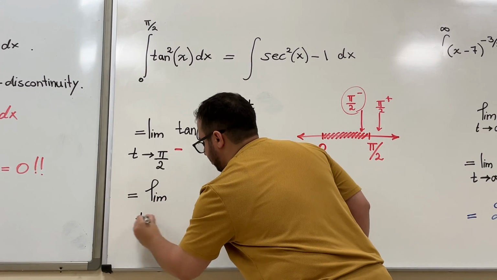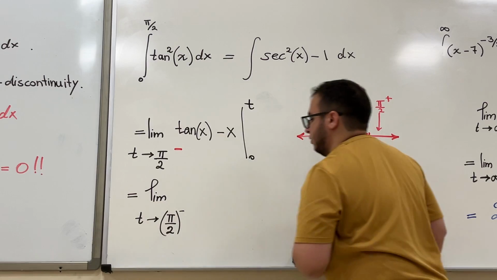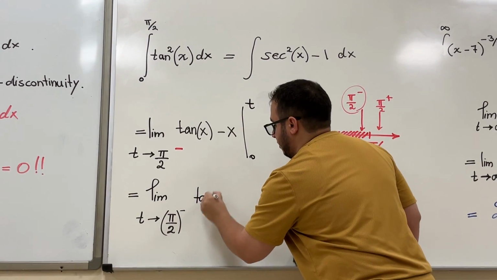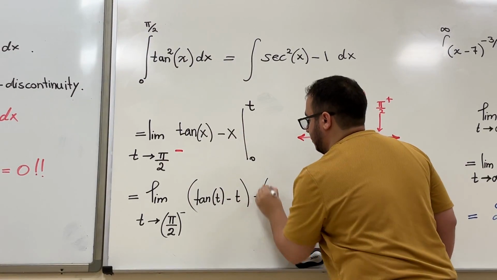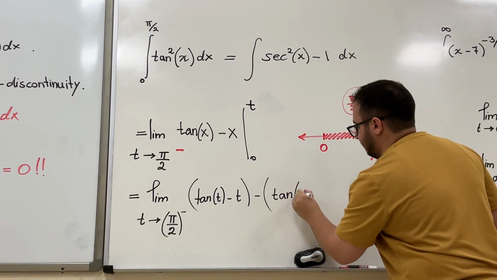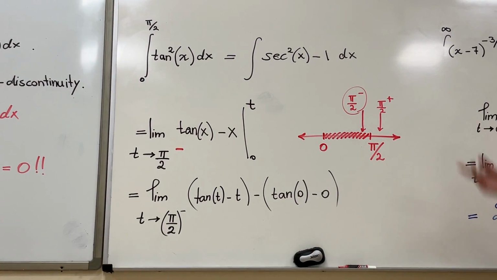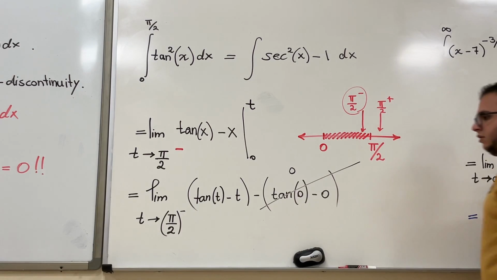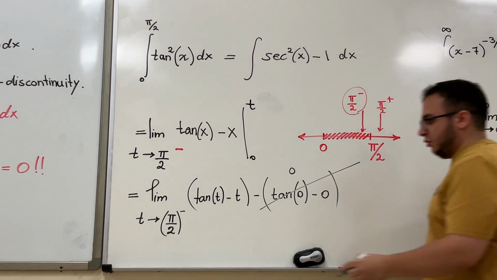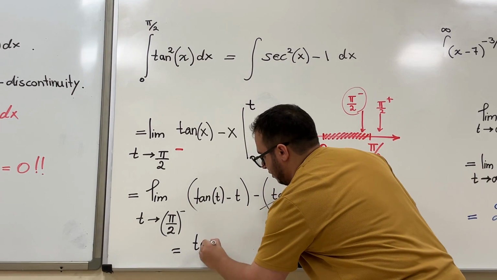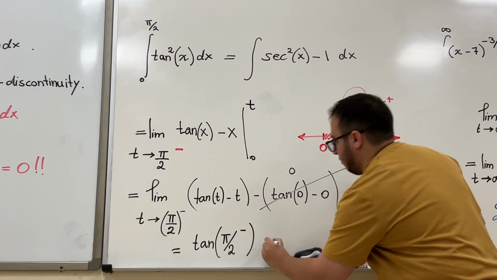So the limit as t goes to pi over 2 from the left of tan t minus t: plug the top minus plug the bottom, tan 0 minus 0. Tan 0 is 0, so this side is all 0. Now plug pi over 2: tan pi over 2 from the left, minus pi over 2.